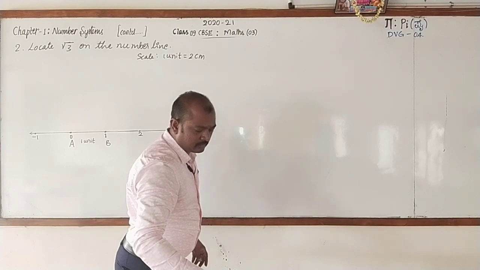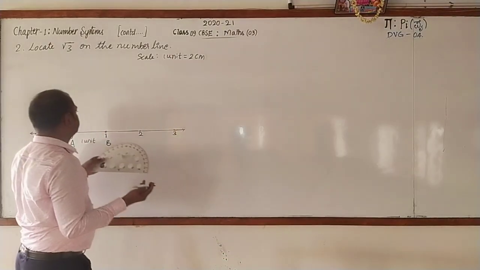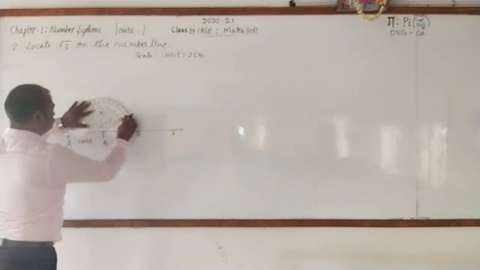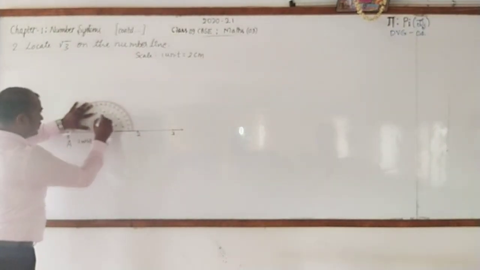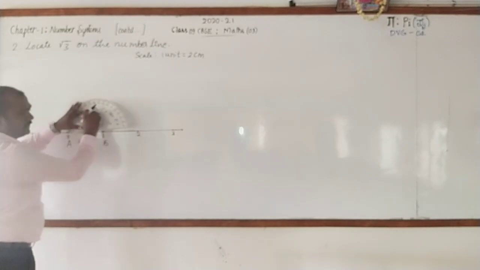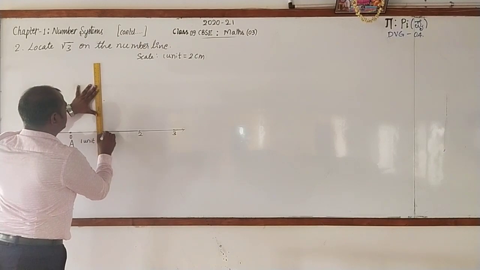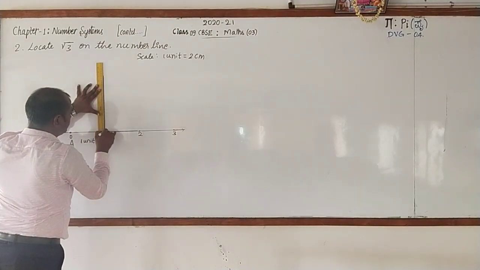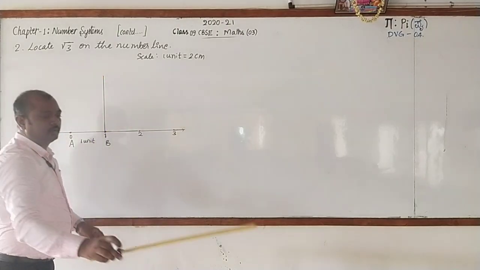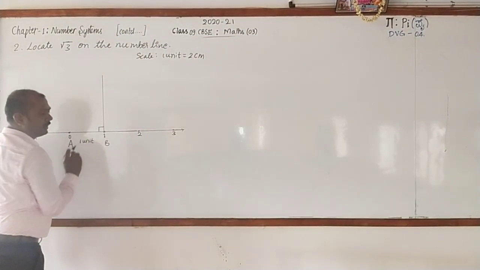Let us take the protractor. Observe, and mark 90 degrees. Take a scale and draw a perpendicular line at B. As it is perpendicular, without fail you have to show this symbol.